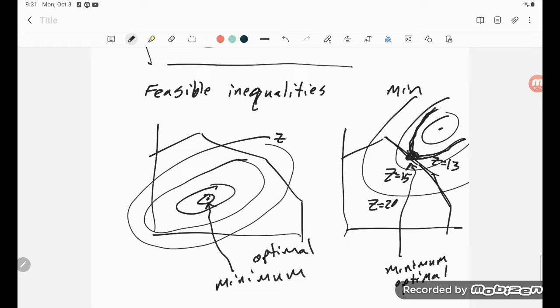And maybe this is z equals 20. Whoops, 20. There we go. Z equals 15. Z equals 10. And all the way in here, that dot is z equals 0. And so it could be 0 there.